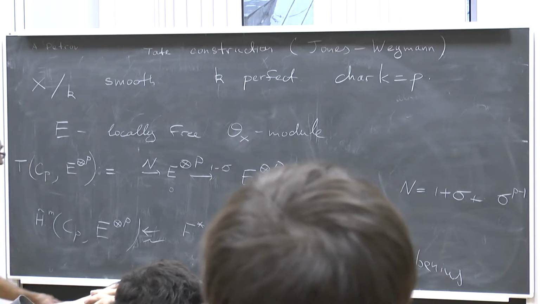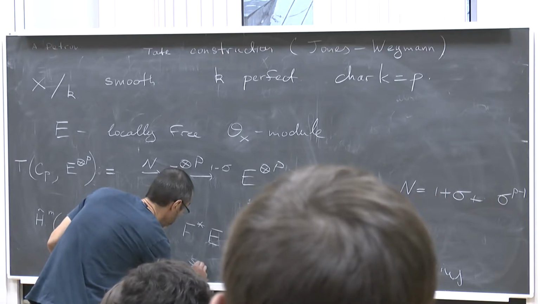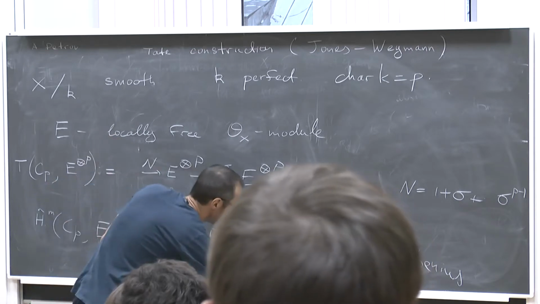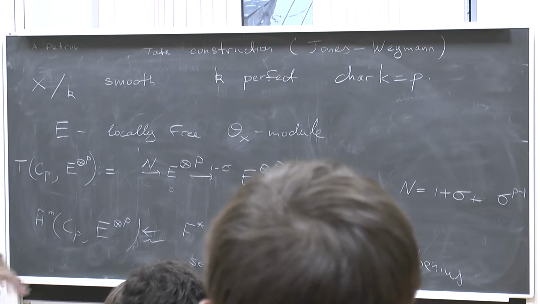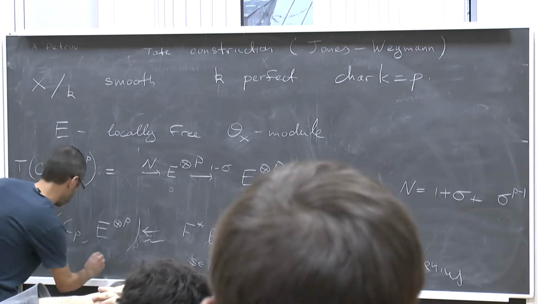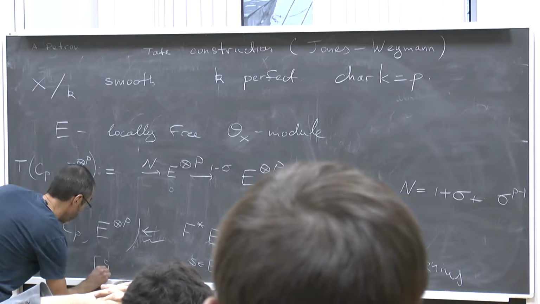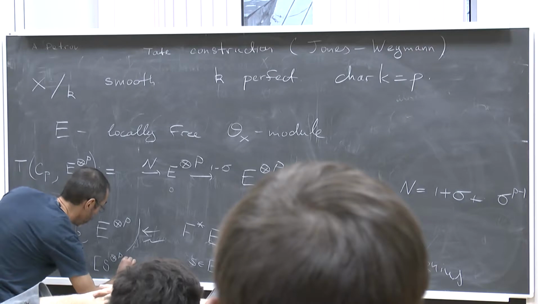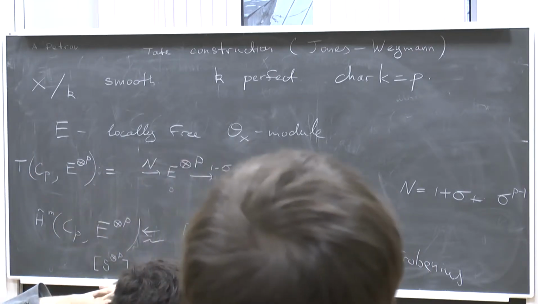So if I have a section s of E over some open subset, I need to assign a cocycle to this complex, and my cocycle is going to be just the class of this tensor power of s.